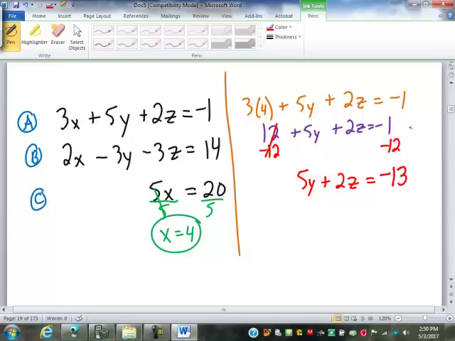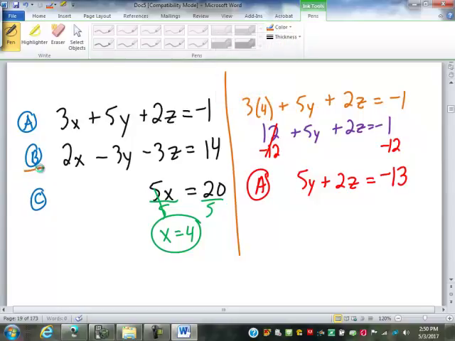Negative 1 minus 12 is a negative 13, right? It's not minus negative 12, just minus 12. Negative 13. There you go.